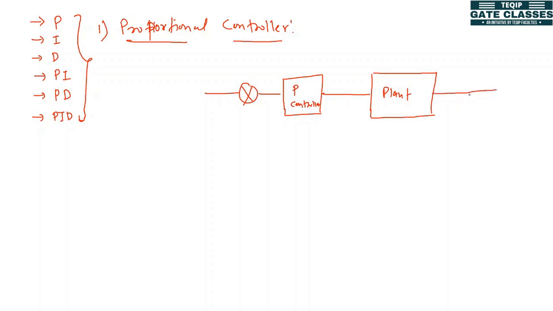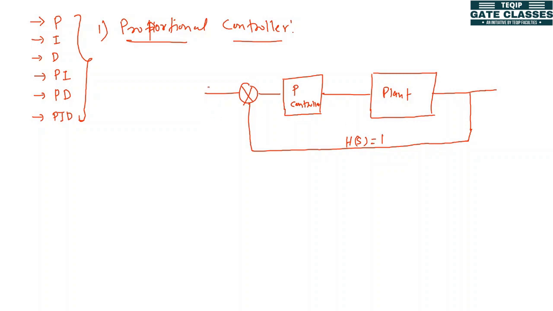Then output, and we have a feedback. Here, for convenience, I am taking a unity feedback control system. For a unity feedback control system the gain of the feedback is 1.